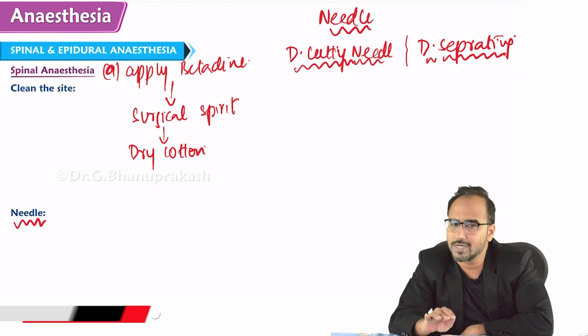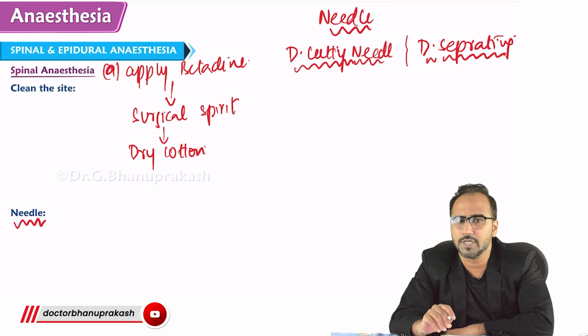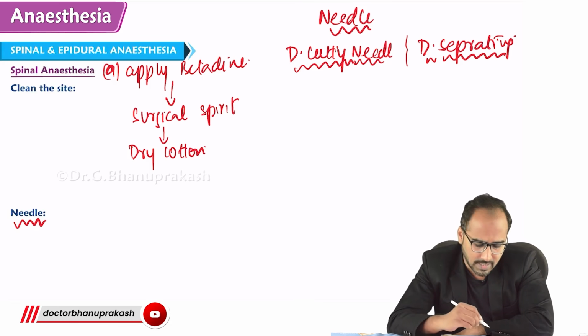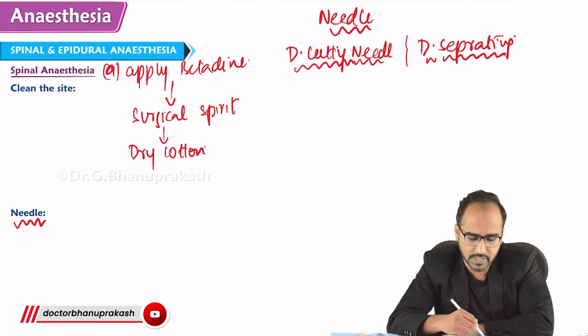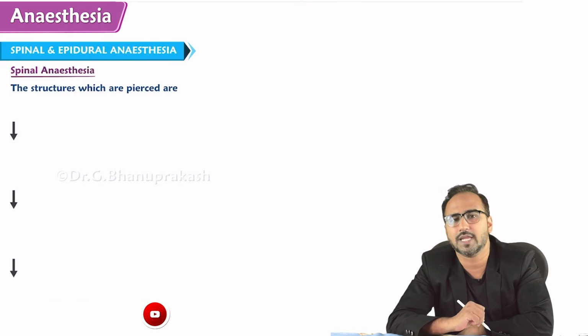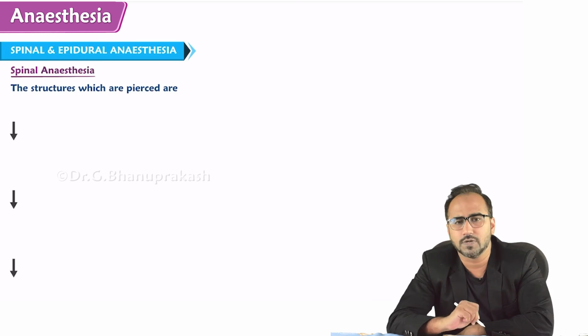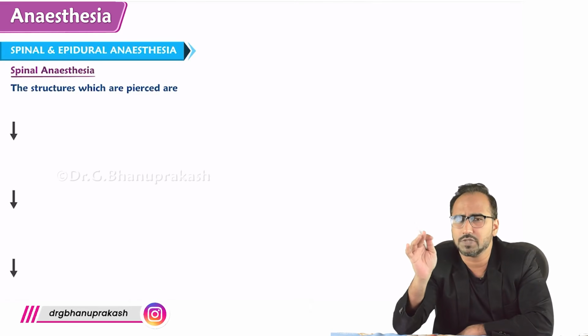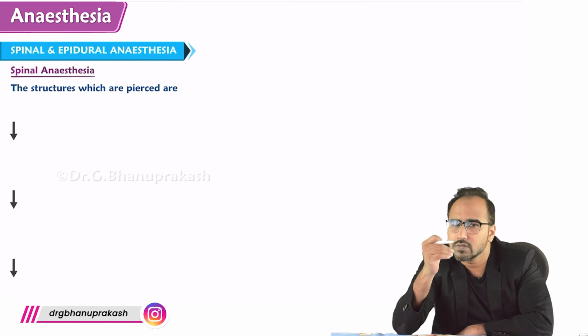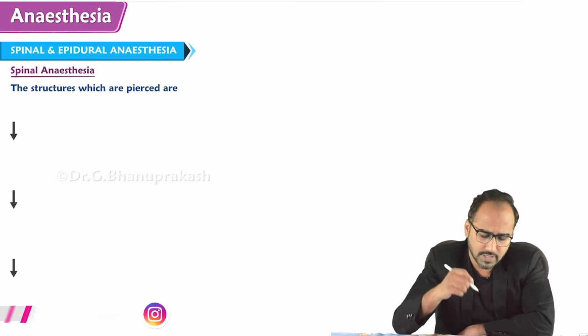If you want to understand what needle should be used, first we need to understand what are the layers pierced by your needle. Then we'll come back to this question, what is the needle that is being used in spinal anesthesia? So look over here, guys. We are talking about the needle. As you are passing the needle through the skin, what are the layers pierced by your needle?